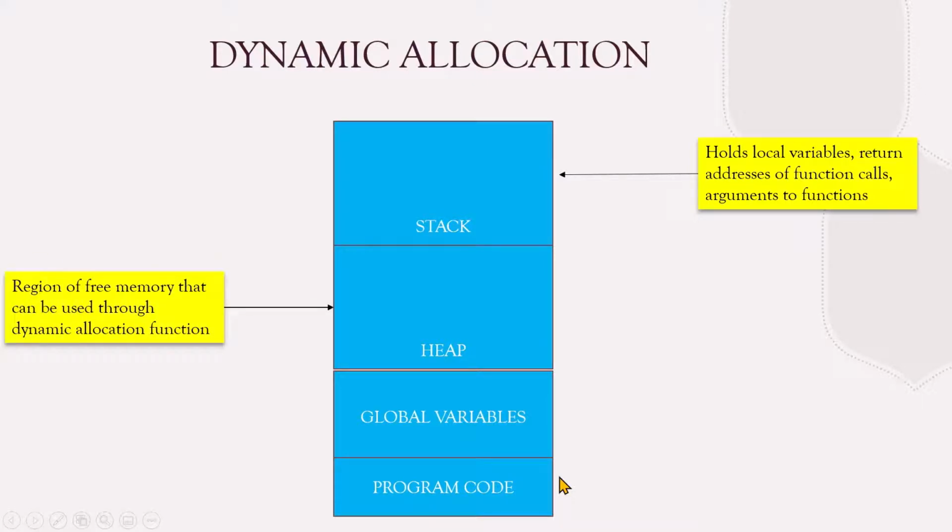The heap is a region of free memory that is used for dynamic allocation, right? So we can assign memory from the heap according to our requirements, right? That's a free region. You can see that the stack has an arrow pointing down because it's like a stack of plates, right? So everything is placed one on top of the other.